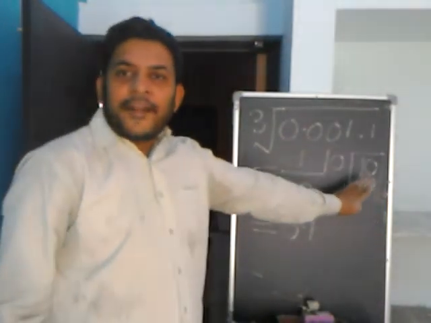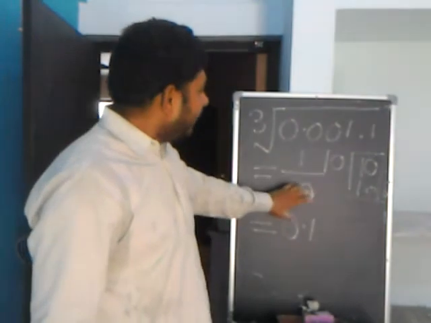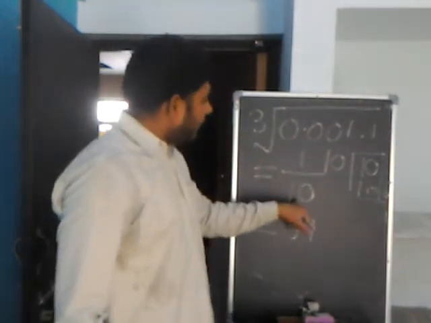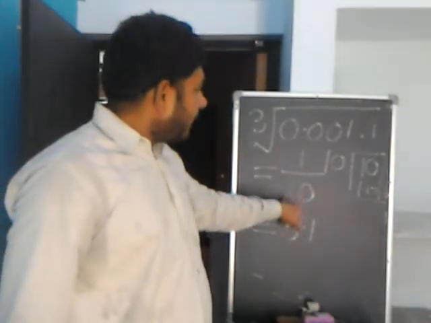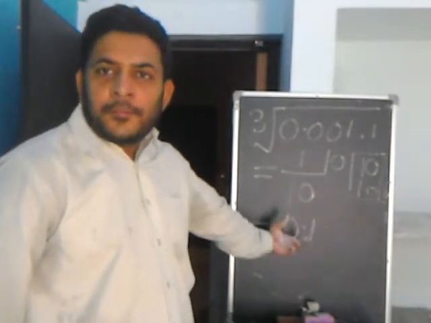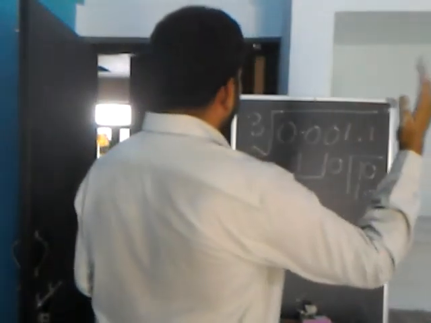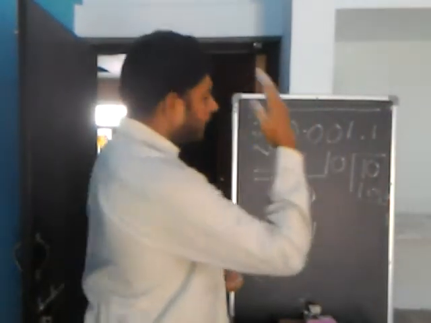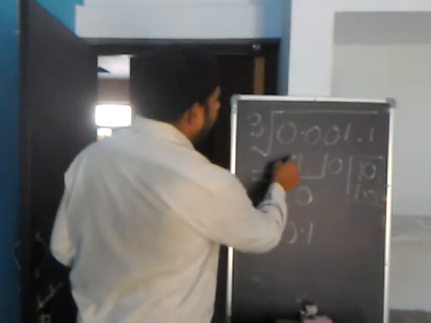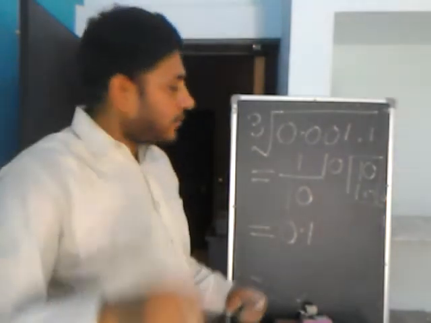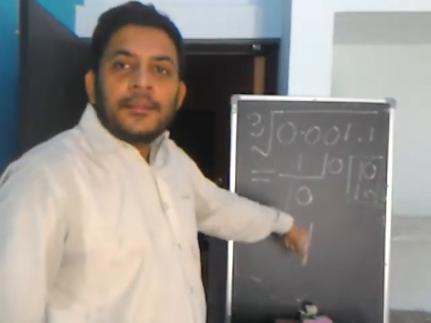And I can do another thing. Instead of dividing like this, I can simply say that okay, here is 10 in the denominator, so I will count 1 digit from the right hand, and I will put down the point after that 1 digit, so I will get again the same.